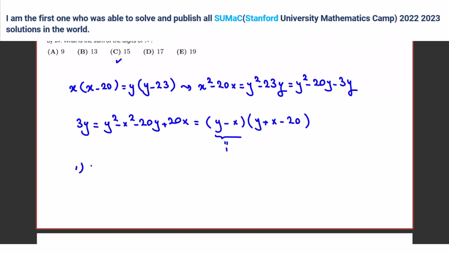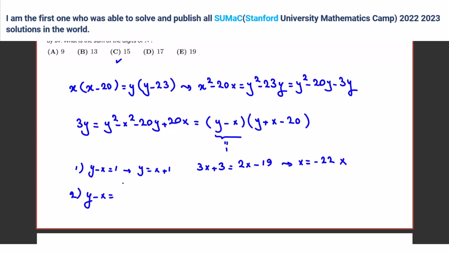Okay, so if y minus x is 1, then y is x plus 1. So 3 times (x plus 1), 3x plus 3, is equal to x plus 1, 2x minus 19, right? Yeah. x is equal to negative 22. This doesn't work, right?